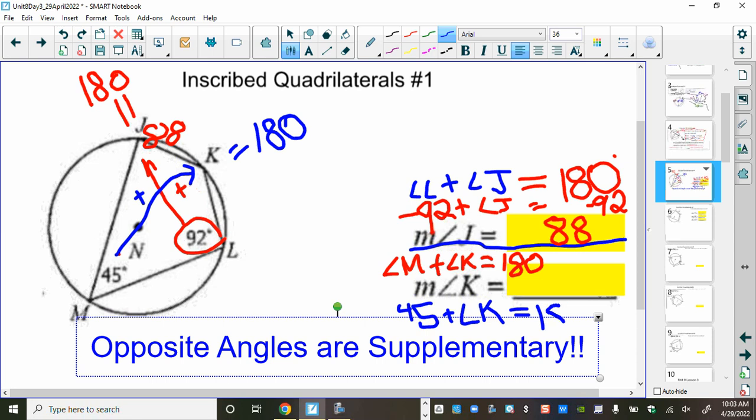If we subtract the two numbers, what would we get? 135. So angle K is going to be 135 degrees.